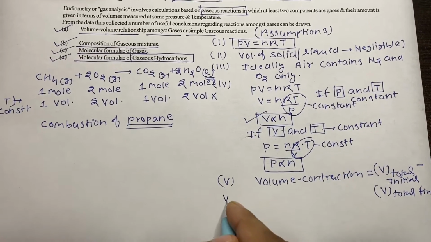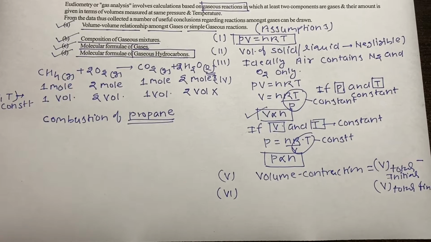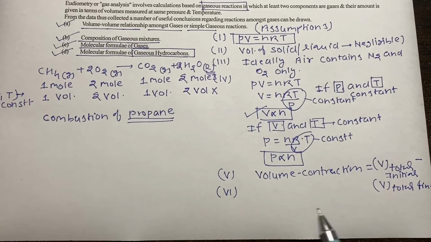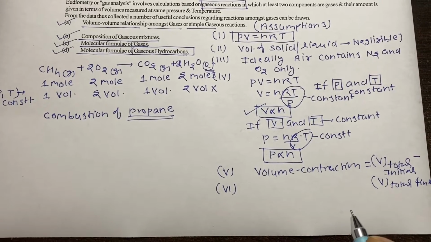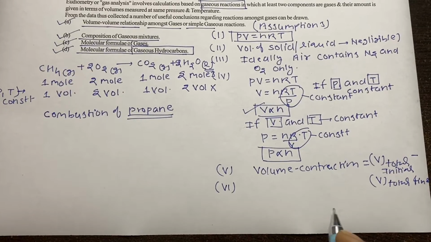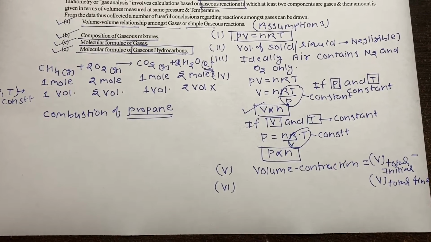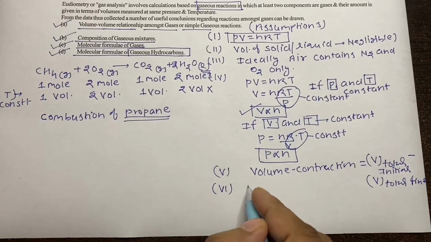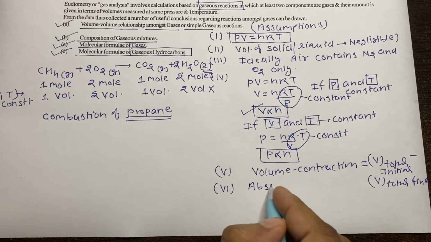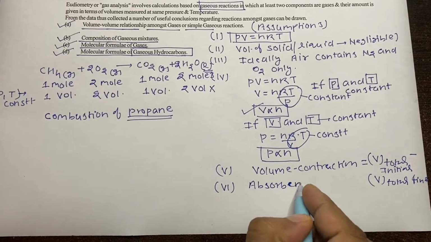There is another way in which volume contraction may occur. There are certain absorbing reagents, that is absorbents, which can absorb particular gases. This kind of absorbent we will discuss later.